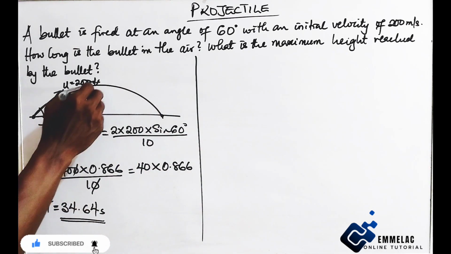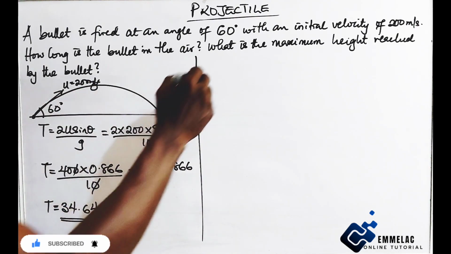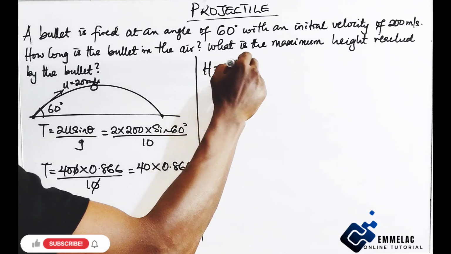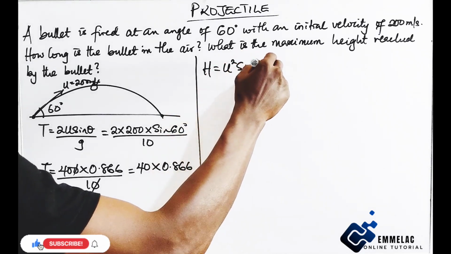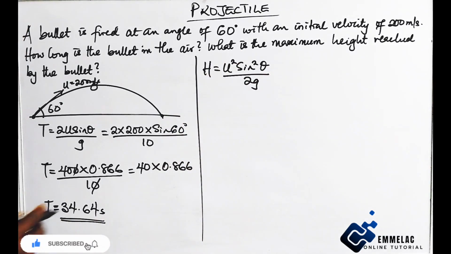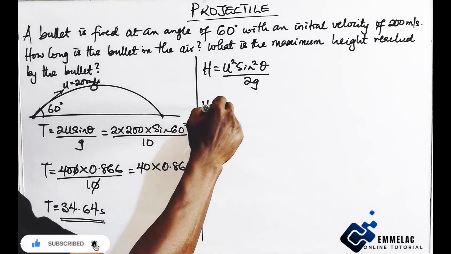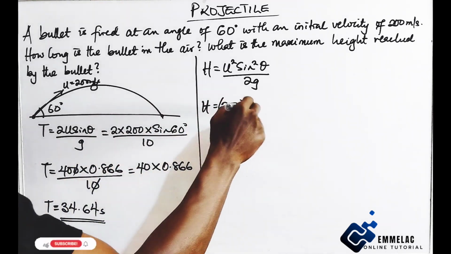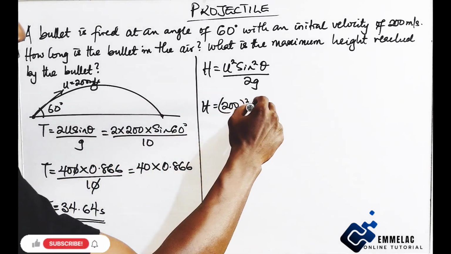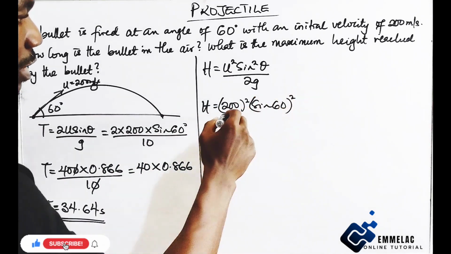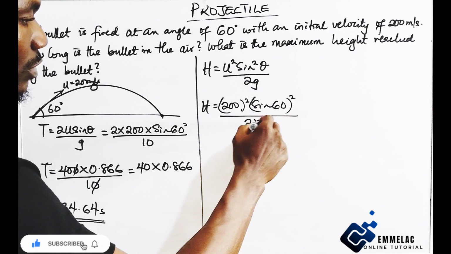Now for the maximum height, it means at this point. So for the maximum height, your equation is given as u squared sine squared theta over 2g. Now if you input the parameters, here you have that h equals 200 all squared, then sine 60 all squared, all over 2 times 10.